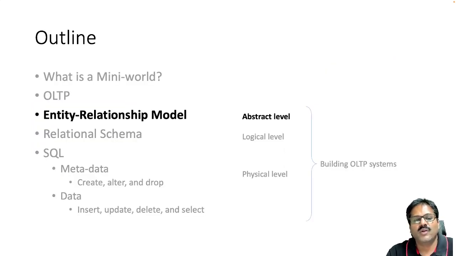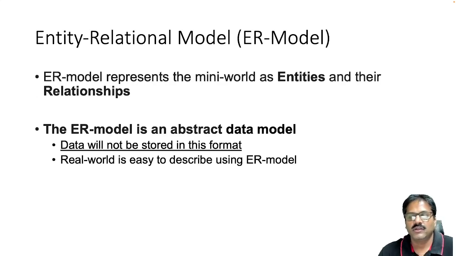Now let us look at the entity relationship model. This is the abstraction level. People generally call it the ER model. The beauty of ER models is that they represent a mini world as entities and their relations.